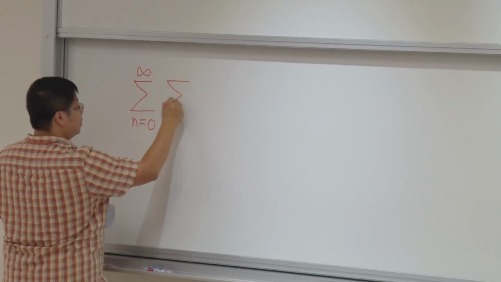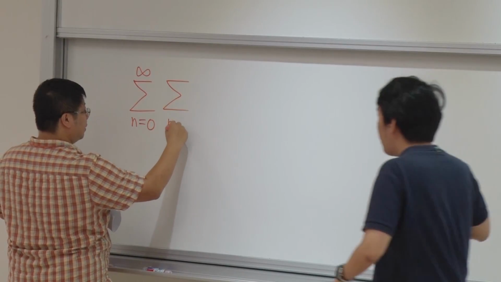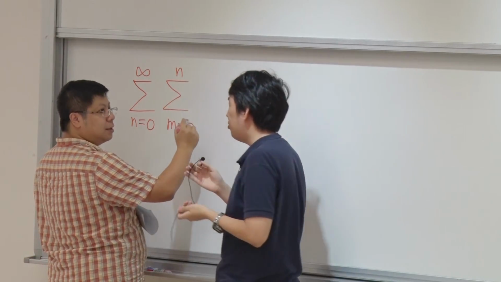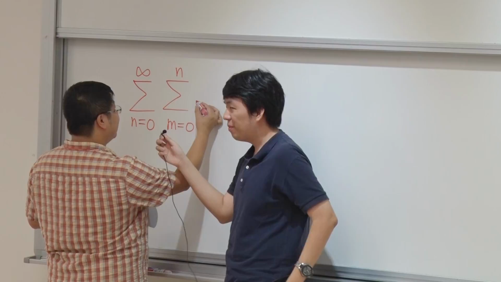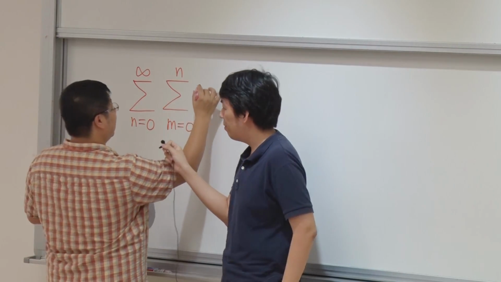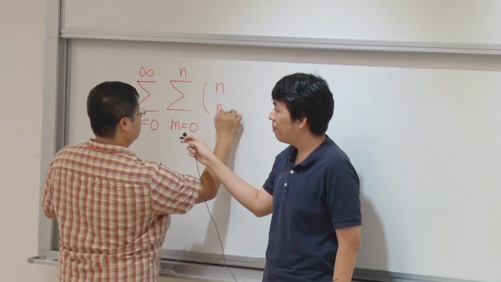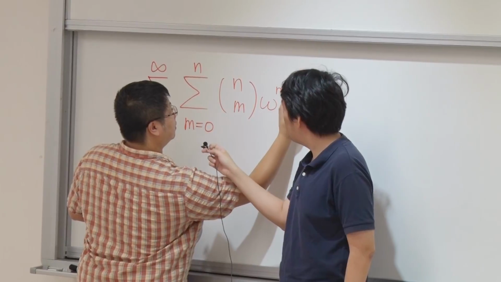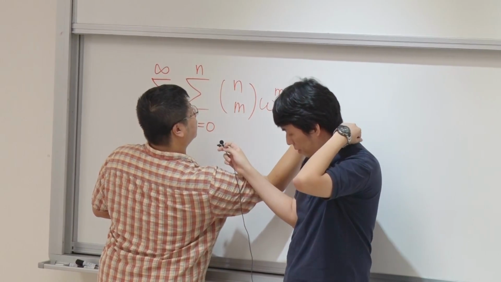And then the summation of k equal to 0 up to n. And then this n choose k, and then this omega to the power k. Am I correct? And then we have x to the power n divided by n factorial.